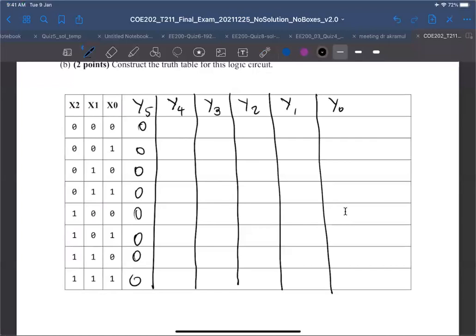So when X is 0, we have 0 squared minus 0, the answer is 0. And when X is 1, 1 squared minus 1 is 0 also. And when X is 2, we have 2 squared minus 2, 4 minus 2, which is +2.